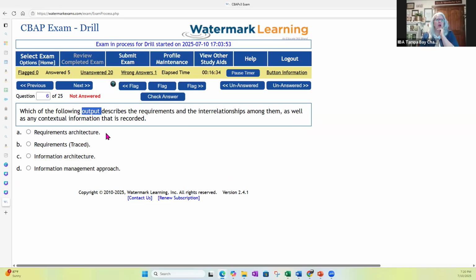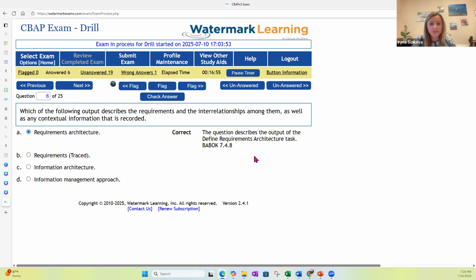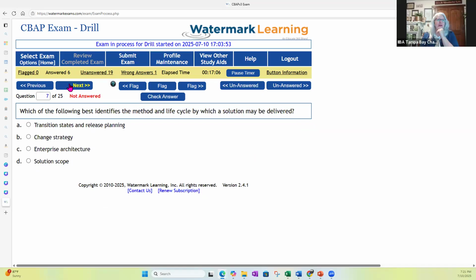Would it be requirements architecture, requirements traced, information architecture, or information management approach? I want to say A, requirements architecture. Okay, let's test it. The question describes the output of the define requirements architecture task. I couldn't ask you which task it was because that would give you the answer. But y'all got it. You know the material. Look at you.